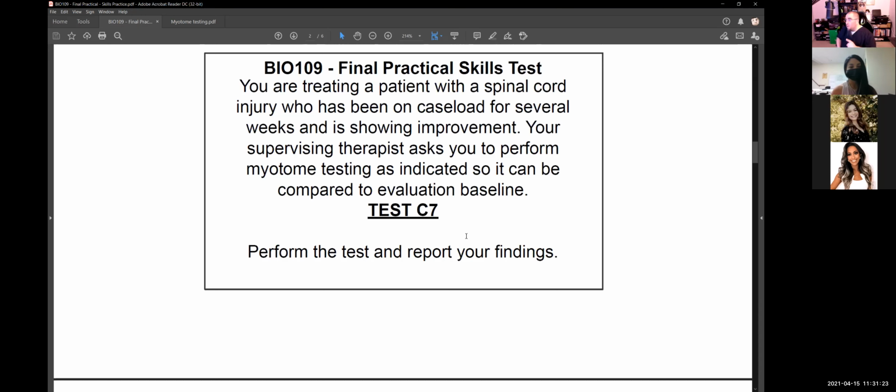Now, the one key thing, and again I'm not going to dock you on this test for it, but next semester I will. The only thing that's different about this one than a lot of the others is you don't want to test this in full lockout. Because if you test it in full lockout, what's locked in place that's actually holding me into extension?